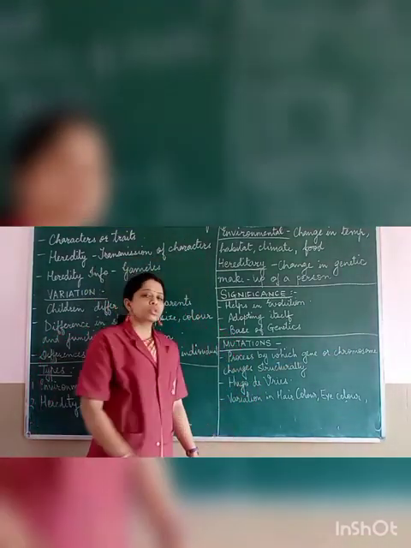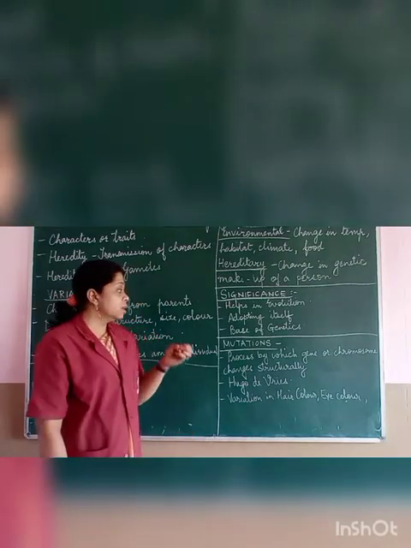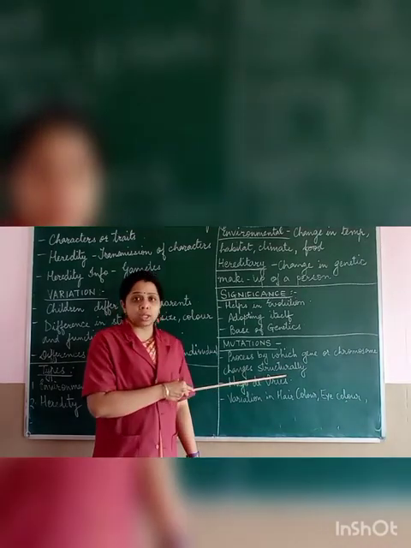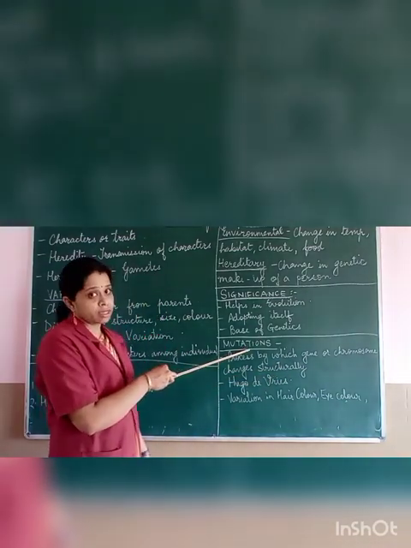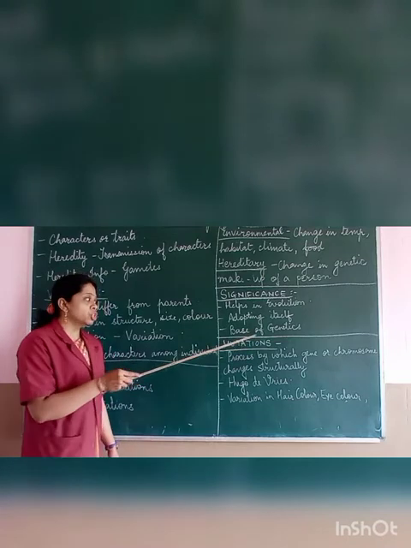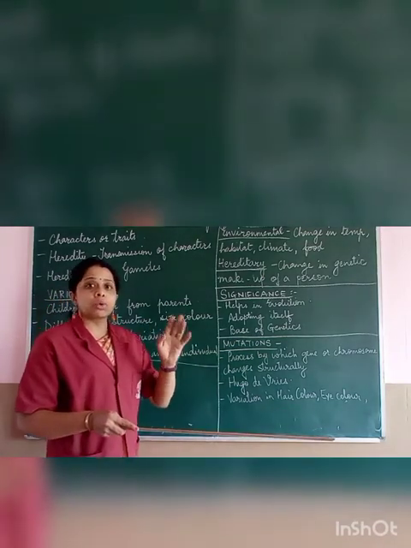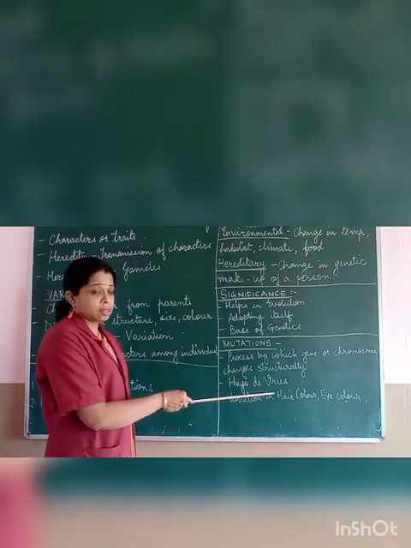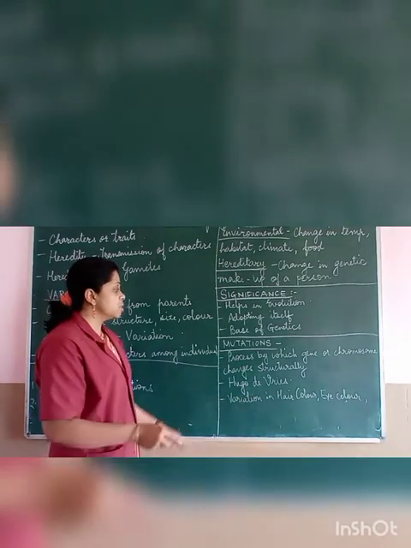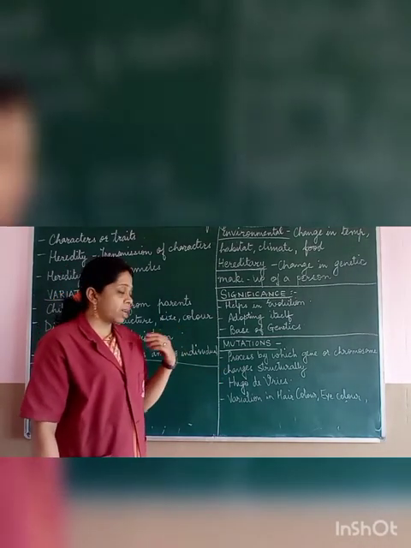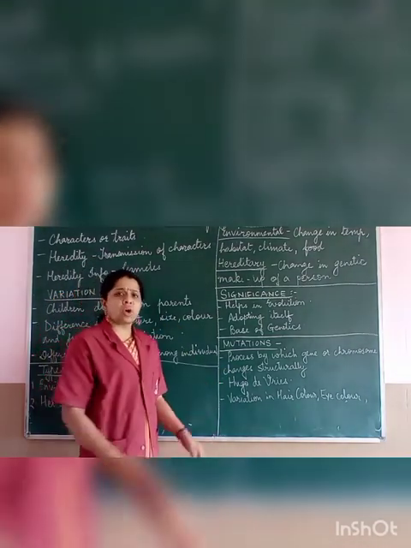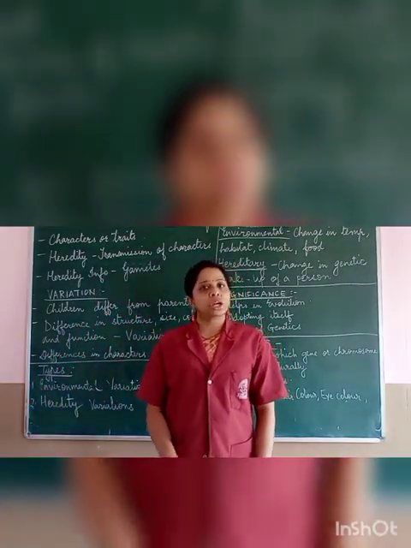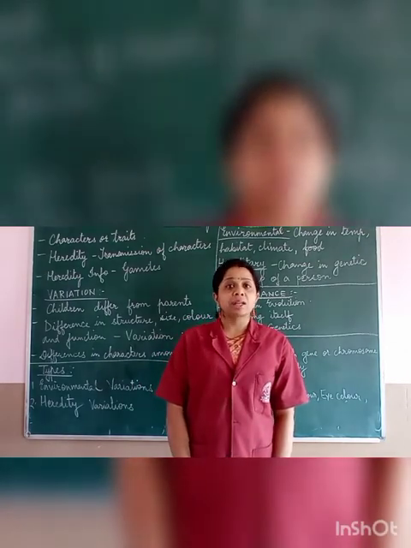Chromosomes carry the genes, and whenever structural changes are brought about in them, that process is called mutation. The term mutation was coined by a scientist named Hugo de Vries. Variations in color of eyes, hair and skin are mutations. I hope you have understood this introduction to heredity and evolution.